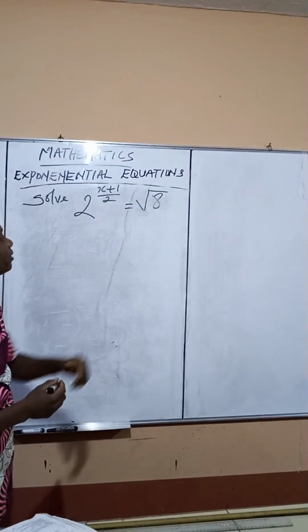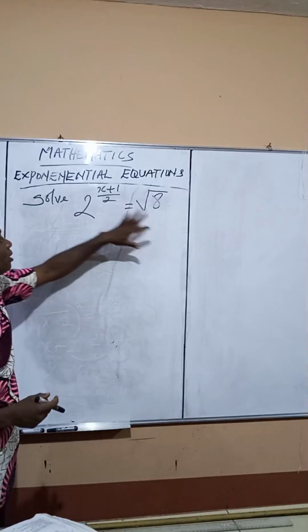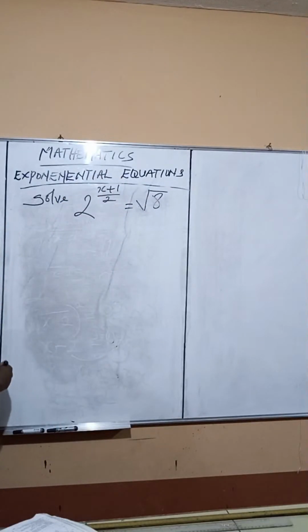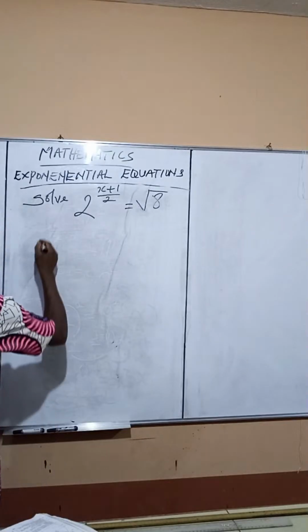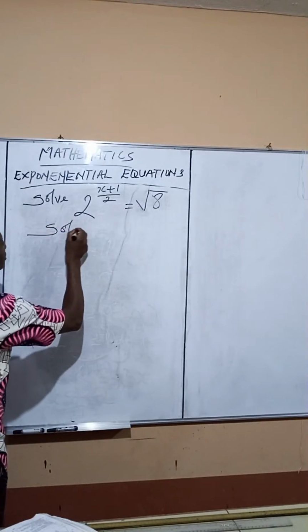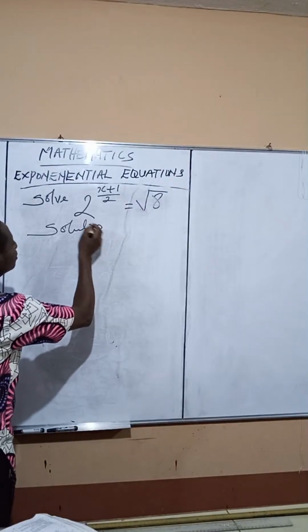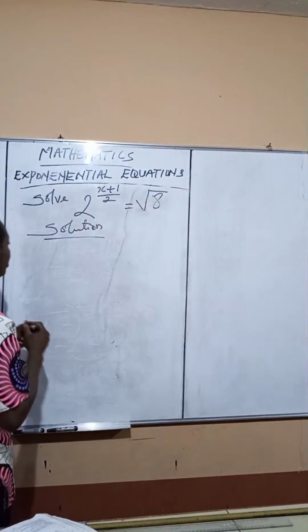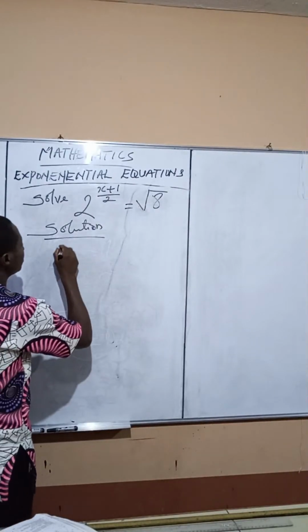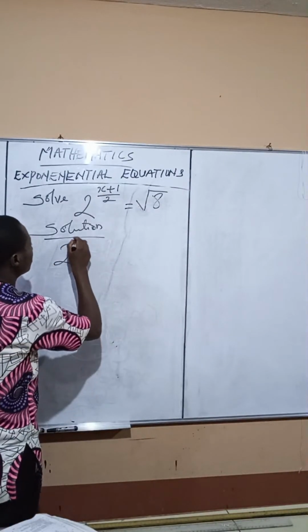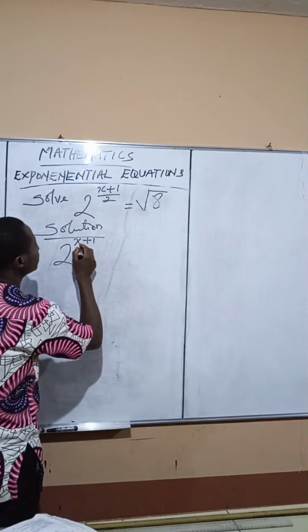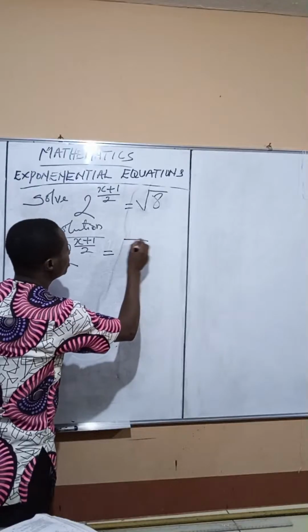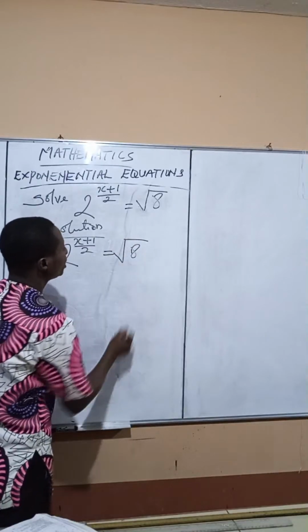So we can see this is a square root and this is an exponent. Let's proceed and see what we are going to get as the solution to the question. So we have our 2 raised by x plus 1 divided by 2 right here equals the square root of 8.